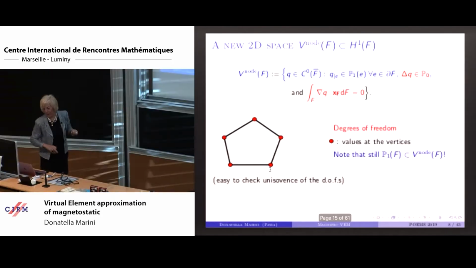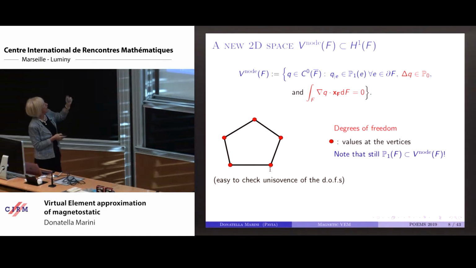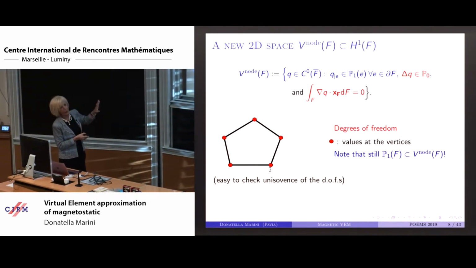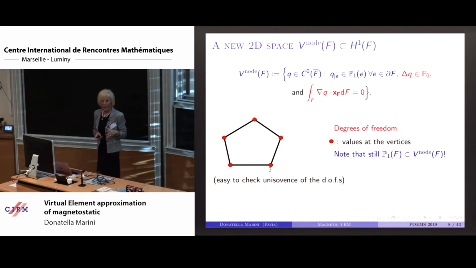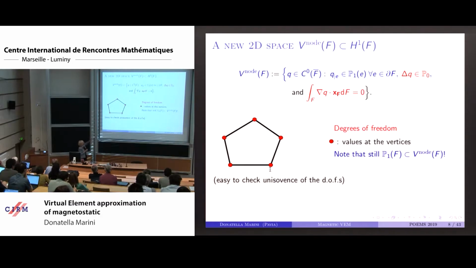The degrees of freedom are still the same, values at the vertices, polynomials of degree 1 are still inside, and again, checking unisolvence of the degrees of freedom is very easy. And if our face, our polygon becomes a triangle, these are nothing but classical linear conforming finite elements.